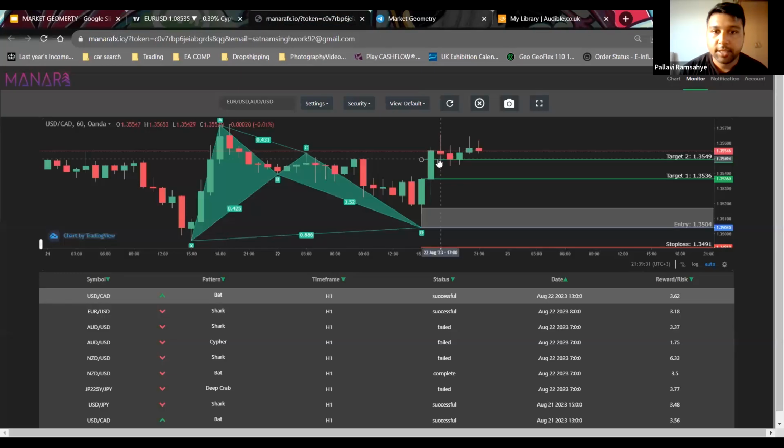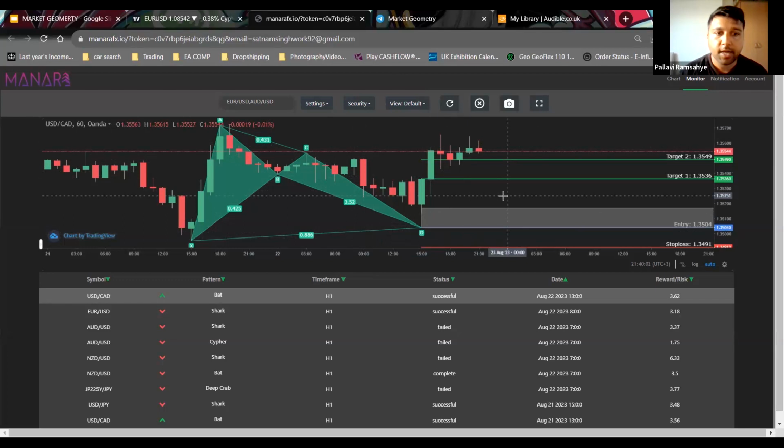Now I'm going to go into Monara. So the good thing about Monara is it scans the market for you and finds these patterns. The reason I like to teach these patterns and the zones is because it can get you to a point where you can see the patterns just by yourself. When you see the patterns, you can then start marking them up.